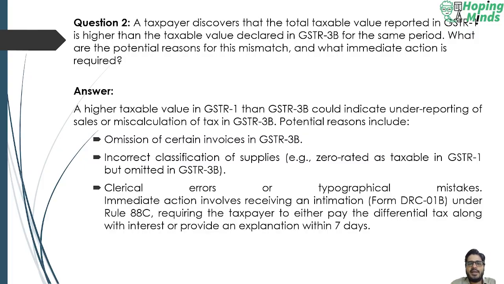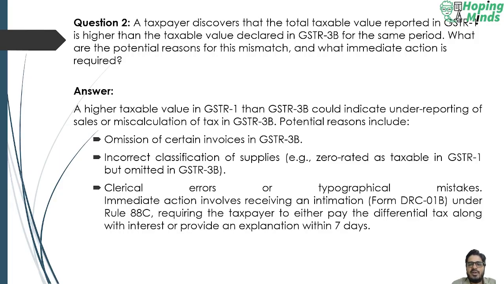A higher taxable value in GSTR 1 than GSTR 3B could indicate underreporting of sales or miscalculation of tax in the GSTR 3B return. The potential reasons include omission of certain values in GSTR 3B, incorrect classification of supplies, that is zero rated or taxable in GSTR 1 but omitted in GSTR 3B, and clerical errors or typographical mistakes.